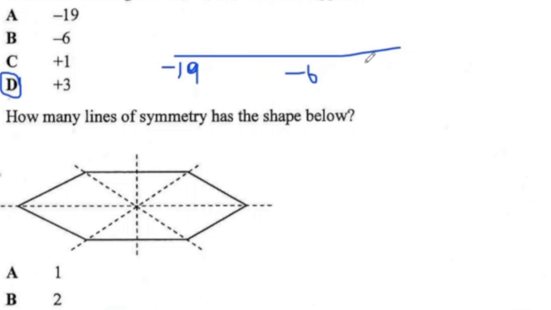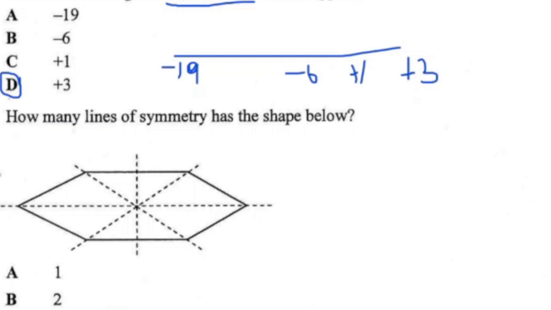Then you also find that positive 1 is here. So this positive 1 is bigger than negative 6. And positive 3 is here. So among these numbers, positive 3 is the biggest because it's the one on the far right side.